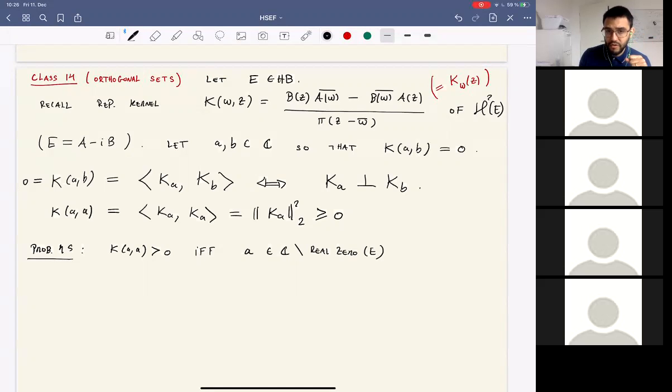So in problem 45, I'm just saying, forget those in the lower half plane. The only problems would be the ones which are real. Because of that, it is usually the case, and you see in applications, that we require the function E to not have real zeros to avoid this kind of situation.